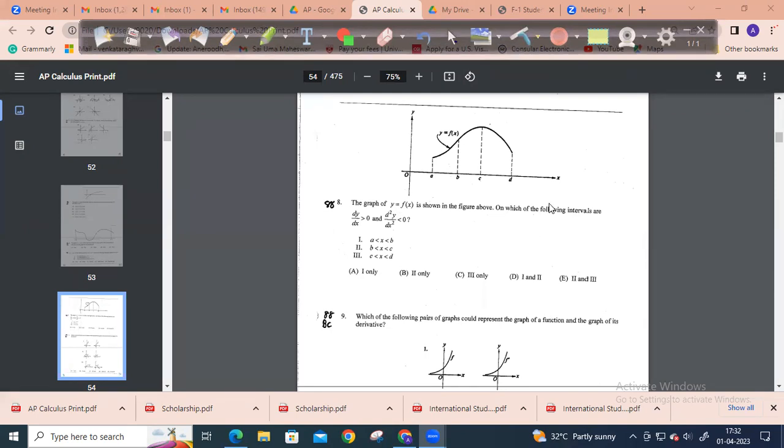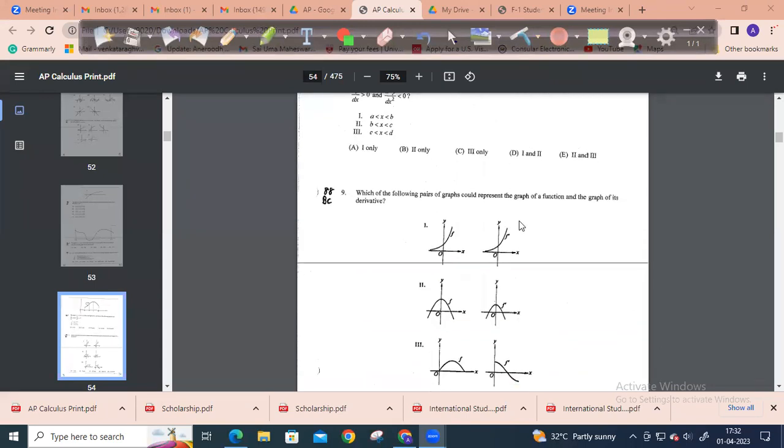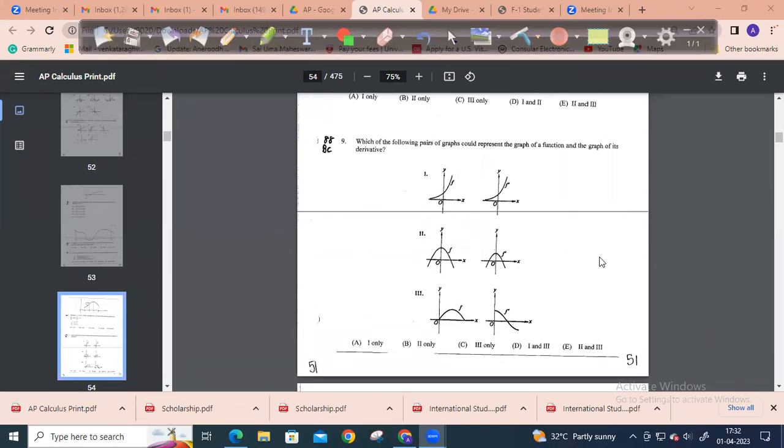Now just see this one. Which of the following could represent f and f dash? Decent question. Which of the following are correct graphs?